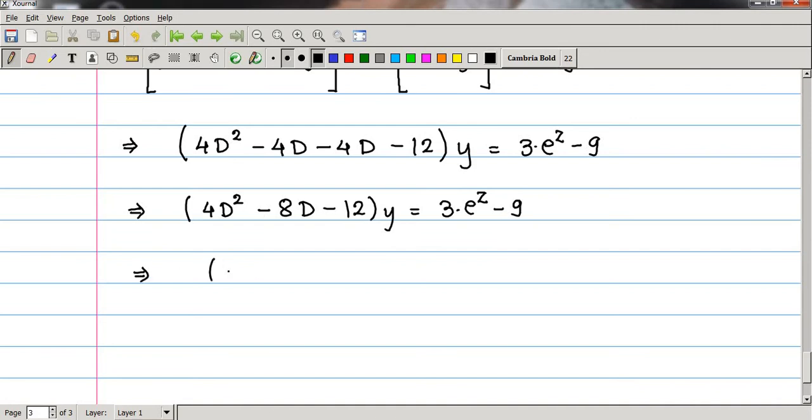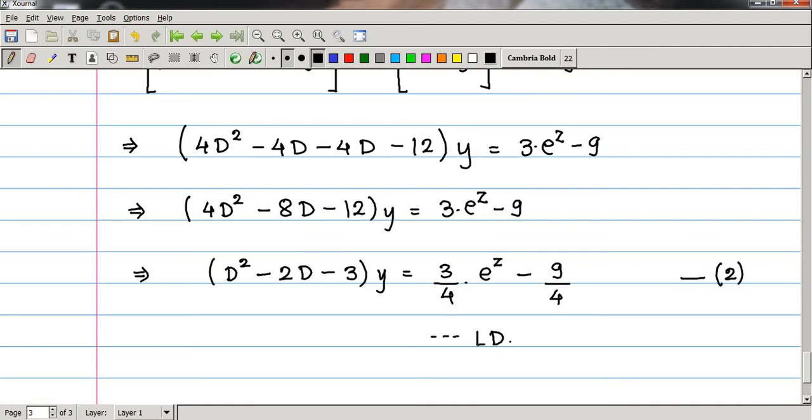Therefore, the auxiliary equation reduces to (D² − 2D − 3)y = (3/4)e^z − 9/4. We can call this equation number 2, which is a linear differential equation with constant coefficients.